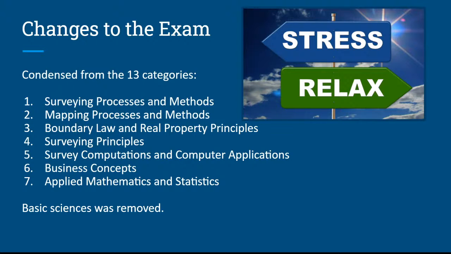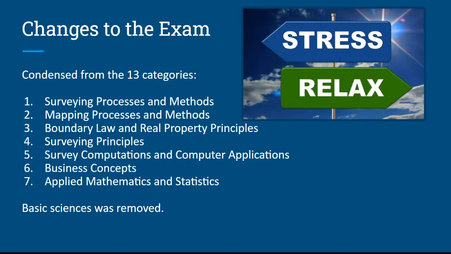Applied mathematics and statistics were previously in their own categories. They're now merged into one. Kind of the same thing with survey processes and methods, or boundary law and real property principles. So really, the biggest thing that's been changed is mathematics. That's what everybody has seen that has changed. Mathematics, basically your calculus, your statistics, your linear algebra, trigonometry, as well as your regular algebra, all these sections were condensed, basically cutting them nearly in half.